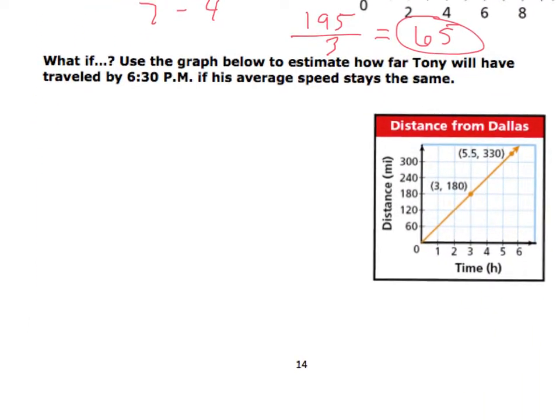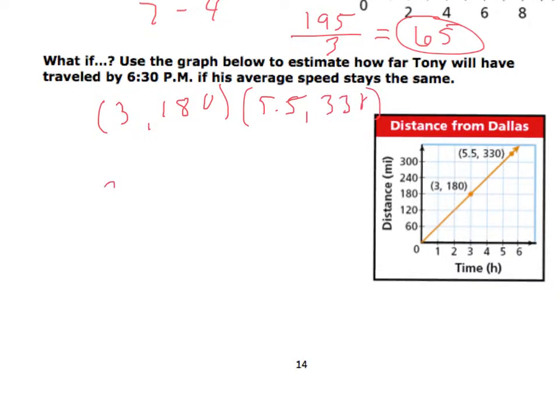Okay. Now, it says, what if we've used the graph to estimate how far Tony will have traveled by 6:30 p.m. if his average speed stays the same? All right, so we want to go ahead and plug our numbers in again. We have the ordered pairs (3, 180) and (5.5, 330).